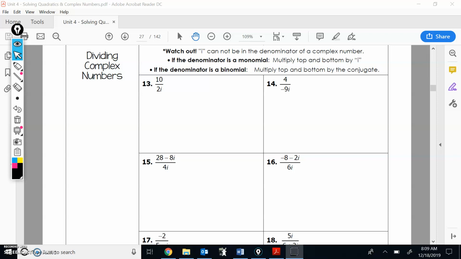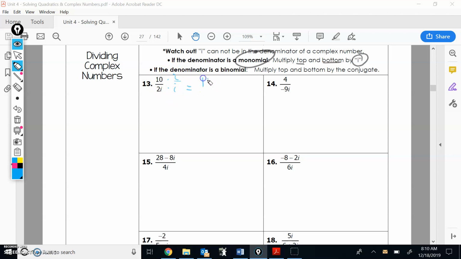So what we're going to do is if the denominator is a monomial, just like numbers 13, 14, 15, 16, you're going to multiply the top and bottom by i. Let's do that. So I'm going to multiply the top and the bottom by i, which is basically saying you're multiplying by 1, but we're going to simplify the denominator.